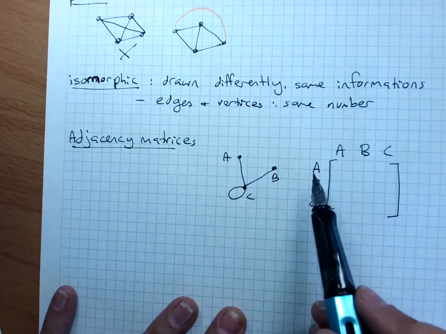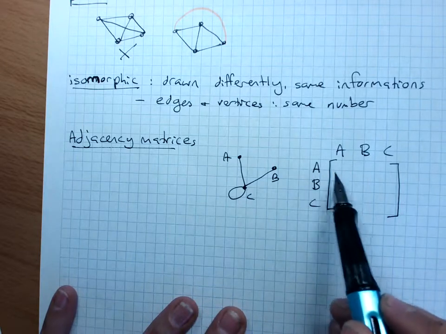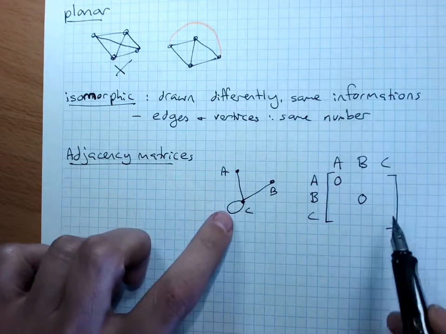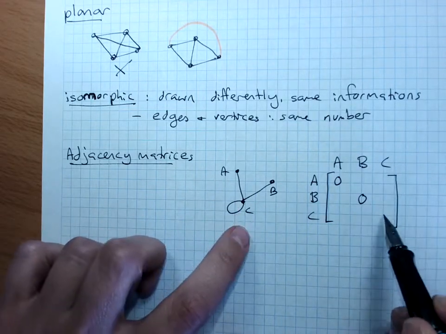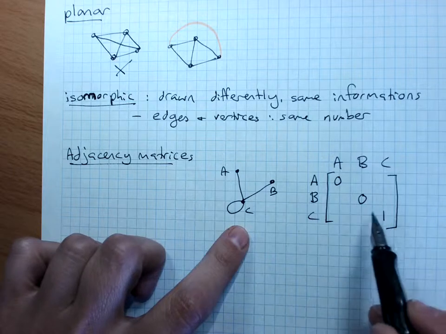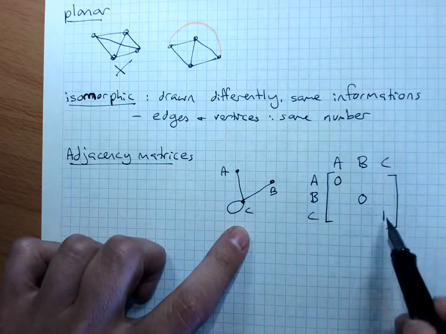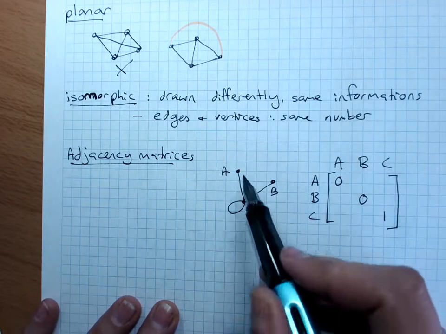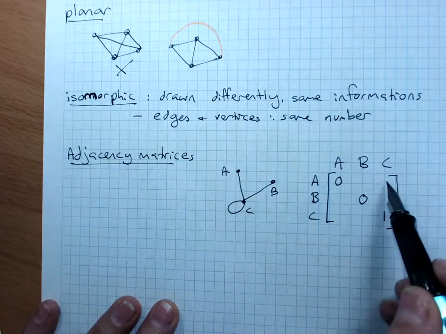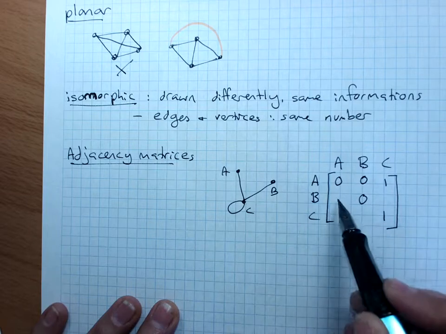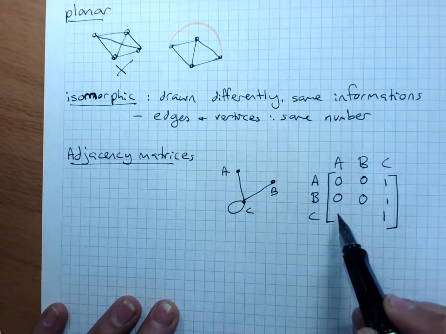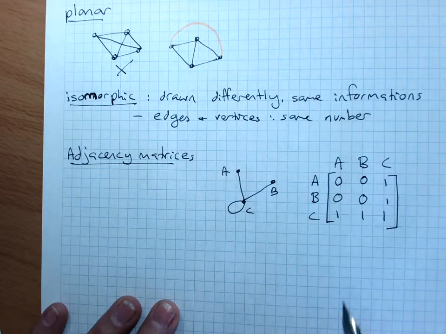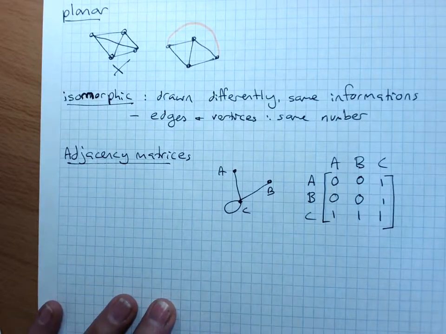And what this is saying is the number of edges from A to A. So that's none, but from C going to C, there's one edge because there's a loop. So if you see a 1 from C to C or from B to B, you'll know there's a loop. And then I've got one edge from A to C, no edges from A to B. And so your adjacency matrix will end up looking something like that.